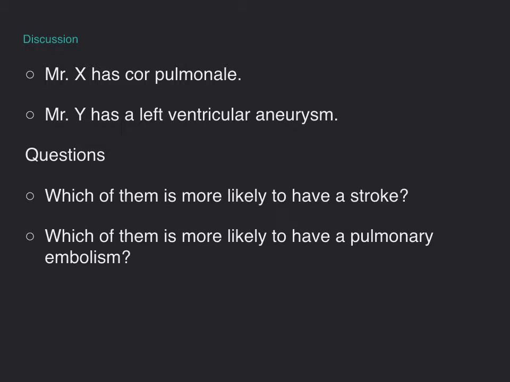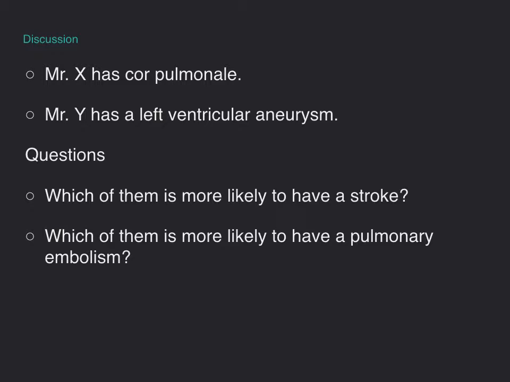If we look at it, the left ventricular aneurysm increases the risk of a clot developing in the left side of the heart, which can be pumped out from the ventricle into the cerebral arteries. And so that increases the risk of having a stroke.